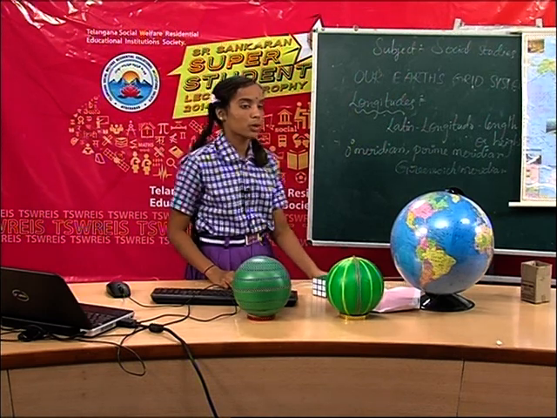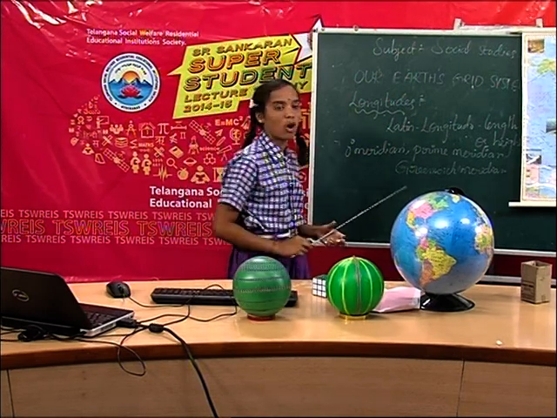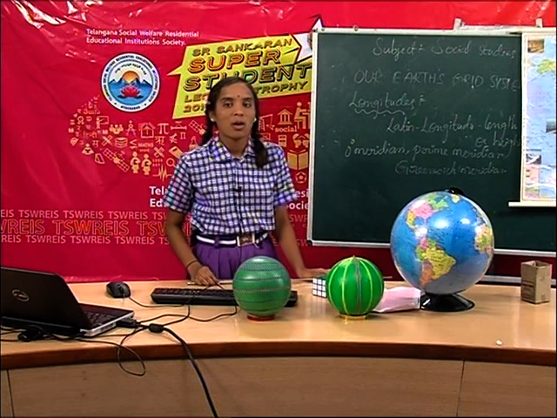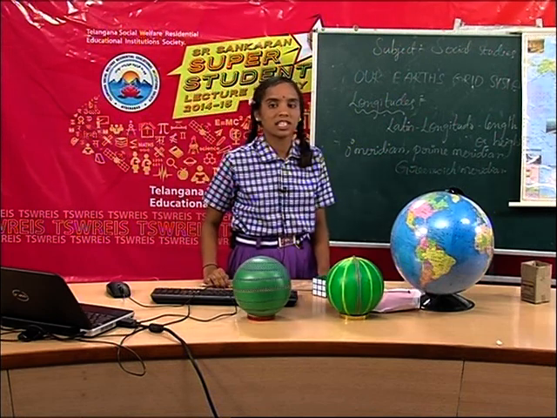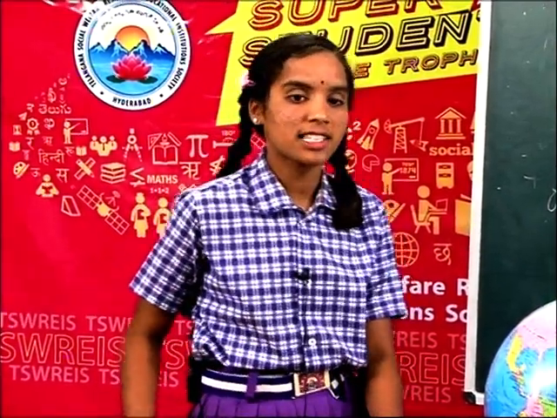And friends, do you know why this 0 degree longitude is called the Greenwich meridian? Why? Because here there is an astronomical observatory, and at that time England ruled a large part of the world, and all the remaining countries also accepted this. And this 0 degree Greenwich meridian is designated as the 0 degree longitude.